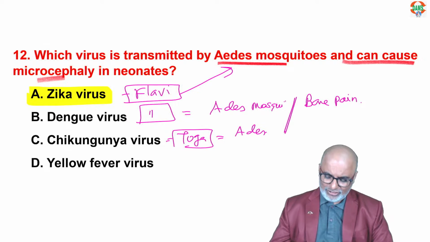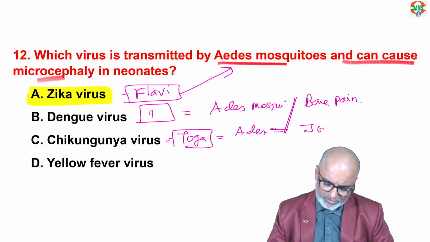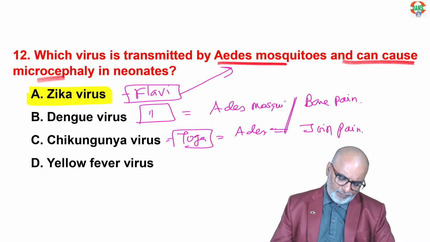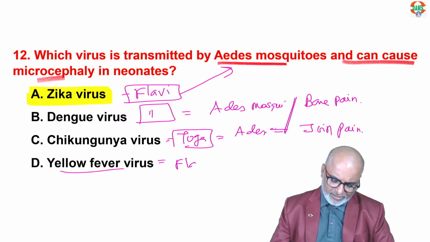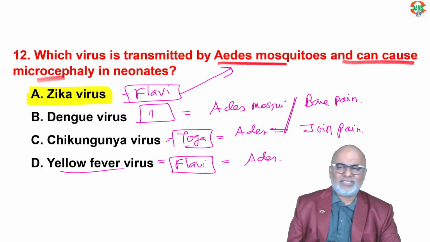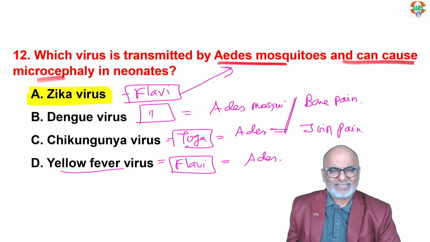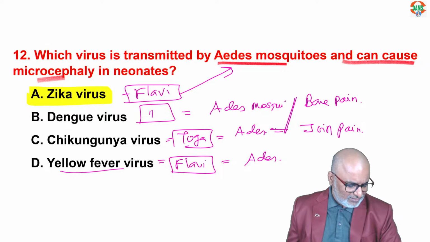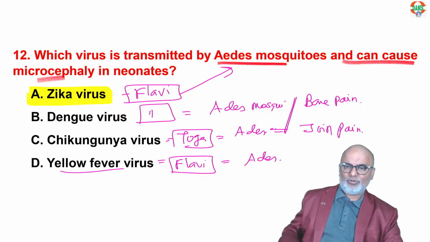Chikungunya means joint pain, effusion. Yellow fever virus is also Flaviviridae. The vector is the Aedes mosquito. So Aedes is a vector for many diseases: Zika, dengue, chikungunya, yellow fever. Got it?